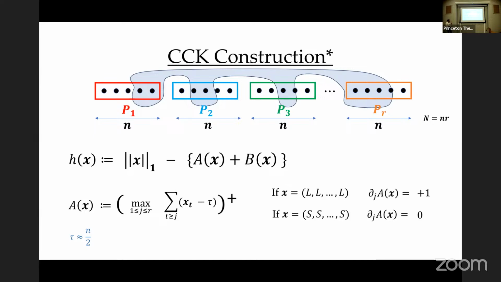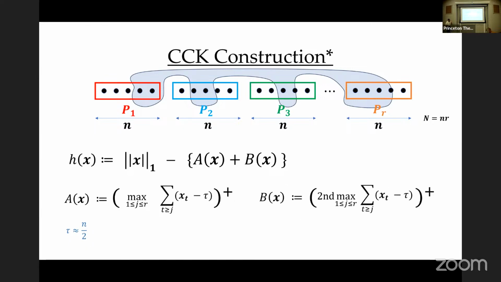So that's A. And B is just a shifted version where, instead of taking a max, I look at the second max. So if I had all n's, A will be n over 2 because I'll just try to take the max here. B will have to skip this and start taking the max from here. And that's the shifted A in some sense.